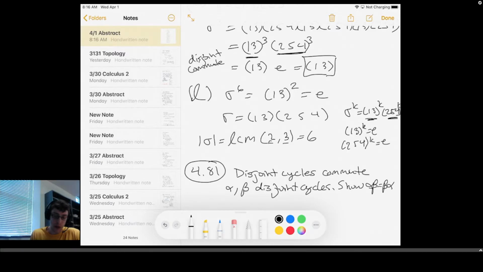And so this means that K is divisible by the order of 1, 3, so 2 divides K, and it's divisible by the order of 2, 5, 4, so 3 divides K. And so basically K is a multiple of both. The order is the smallest one that does this, so you want the least common multiple.